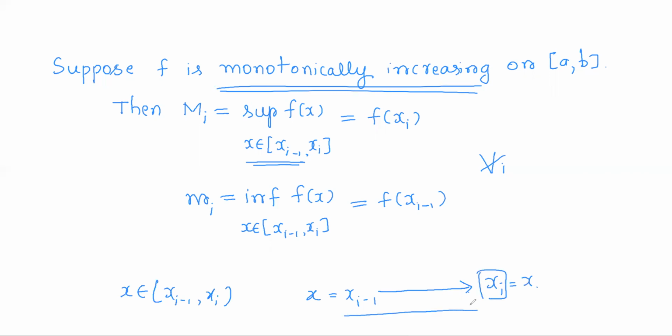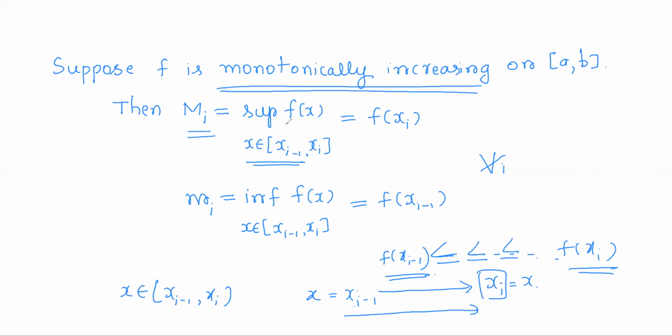So as the domain points increase from xi minus 1 to xi, the corresponding function values f of xi minus 1 up to f of xi will be in increasing order: less than or equal to, less than or equal to, like this, right?